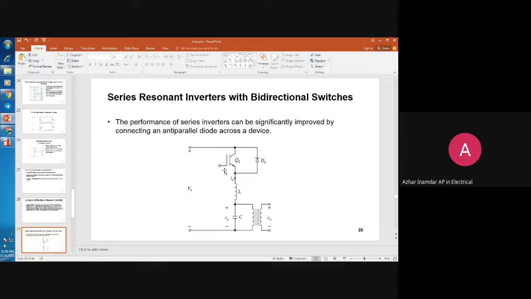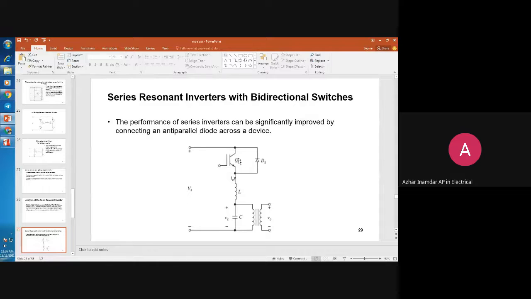So these are the disadvantages with the unidirectional switches, and that's why we are going to convert to the bidirectional switches. The performance of the series inverter can be significantly improved by connecting an anti-parallel diode across a device, either an IGBT, transistor, or thyristor.